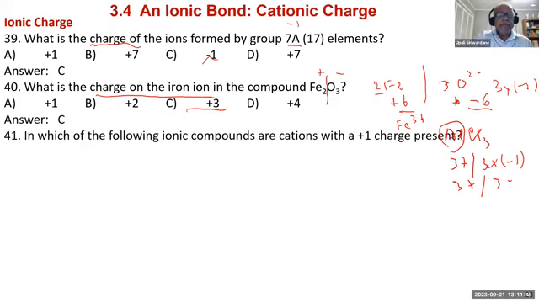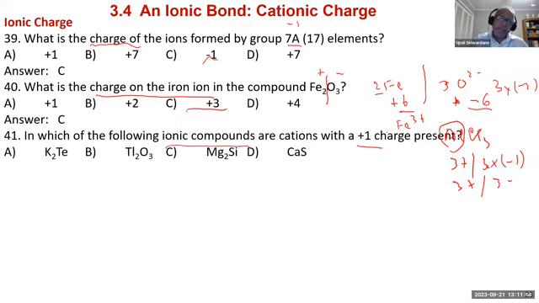Which of the ionic compounds' cation contains positive 1 charge? You look at the periodic table. These are the cations. These are the anions. They are asking the cation charge. Potassium is group 1A. Therefore, the charge is positive 1. It loses 1 electron. Thallium is not group 1A.